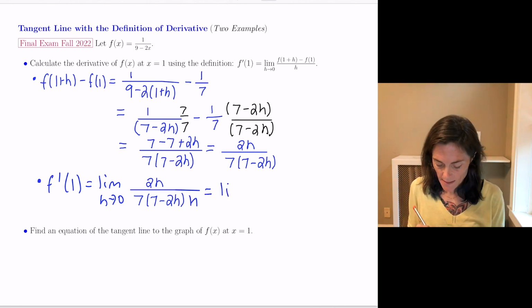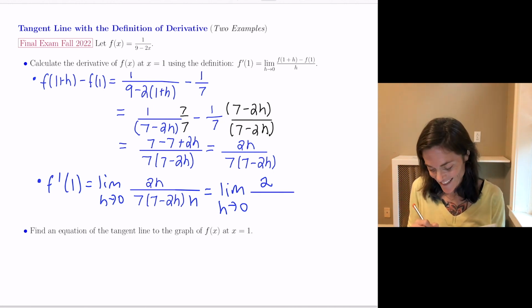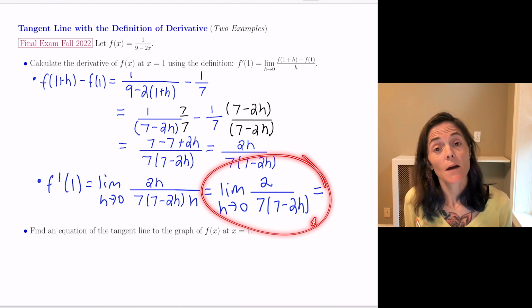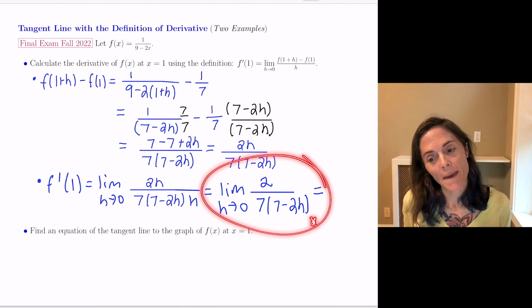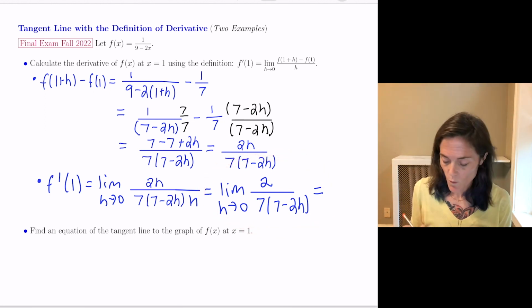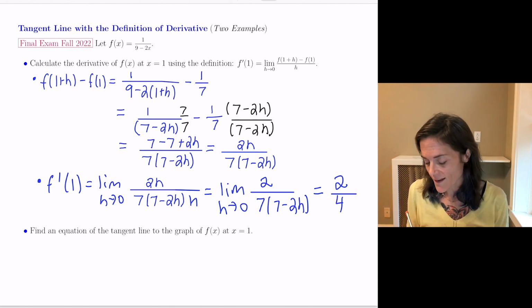So I have a limit as h approaches 0, we just have 2 over 7 times 7 minus 2h. Okay, fantastic. This is now defined at h equals 0. We may evaluate. I get 2 over 7 times 7, 2 over 49. This is my answer.